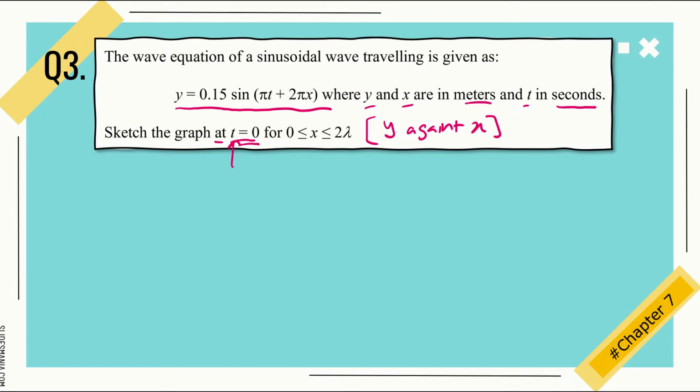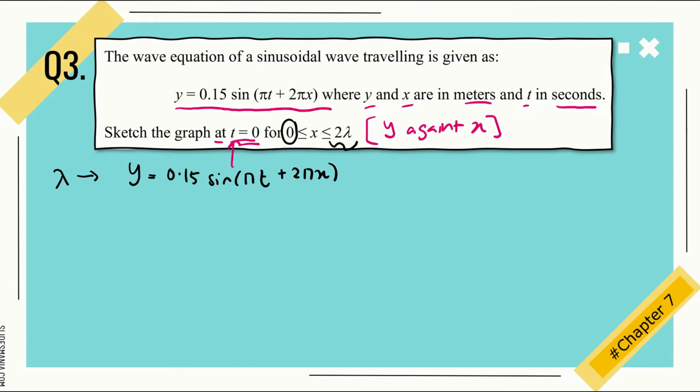For this question, the sketching must be from 0 to 2 lambda, meaning that we need to know the value of lambda of this wave. How do we get the value of lambda? From the equation. We have y is equal to 0.15 sine (pi t plus 2 pi s).